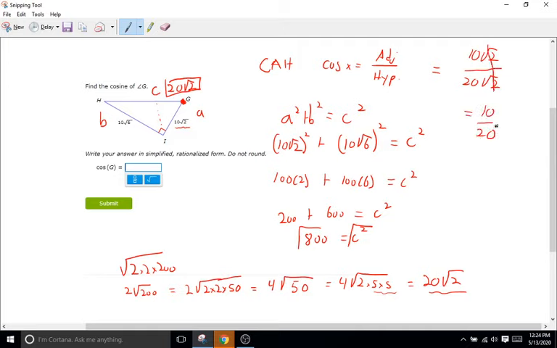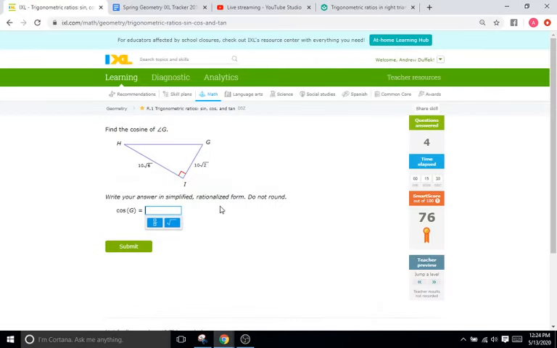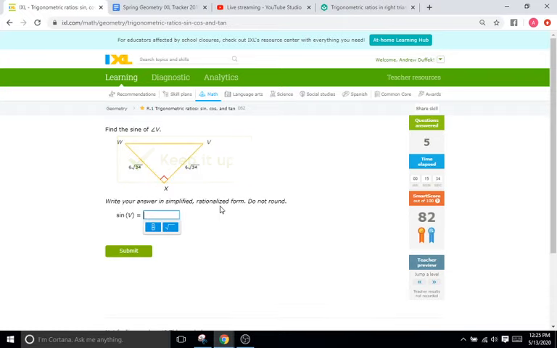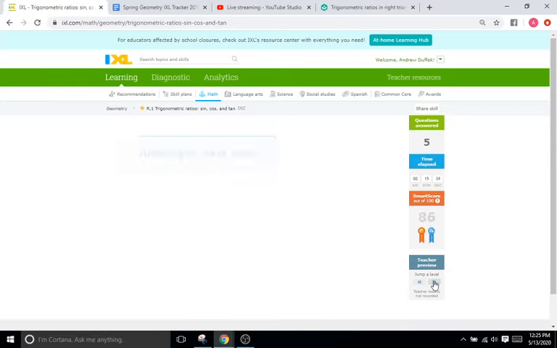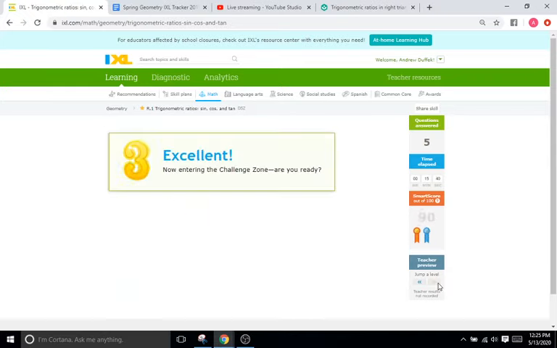You can divide both by 10 or just remove the zeros, and we are just left with 1/2. Okay, and that's it. Cosine of g is just going to be 1/2. So we'll go 1 over 2. Beautiful.